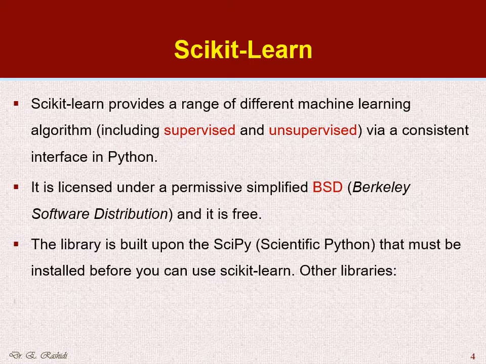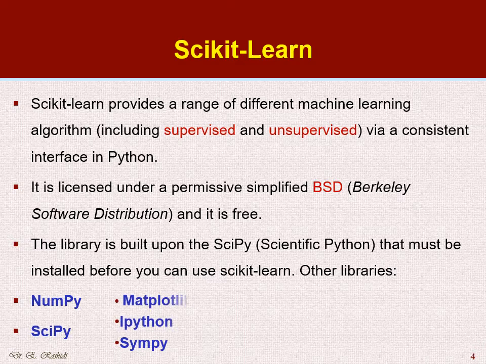Other libraries that are used in Scikit-Learn are NumPy, SciPy, Matplotlib, IPython, and SymPy. But if you actually install Anaconda, these libraries are already installed, and it makes your life so much easier.